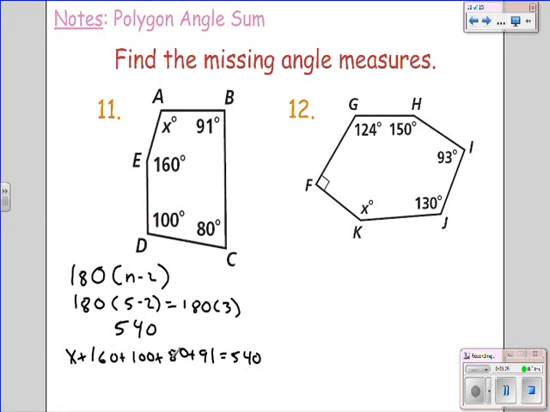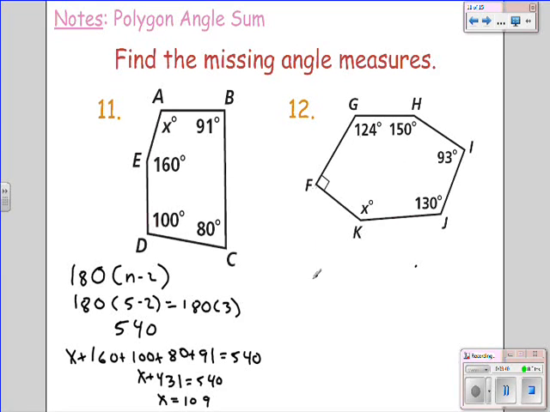So 260, 340, 431. So x plus 431 equals 540. Subtract that from both sides. So x equals 109. Now, what you'll want to do in this one is count the sides and see what they add up to and solve for x. So pause the video and try it.